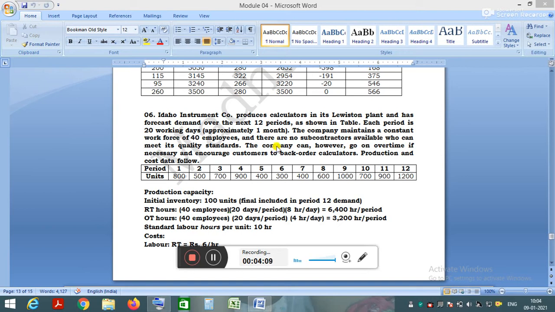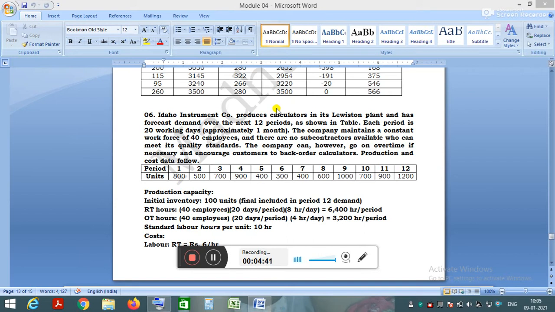Regular time hours available: there are 20 working days in a month and 40 employees. 40 into 20 is 800, and there are 8 hours per day. 800 into 8 is 6400 hours. Regular time hours available are 6400 hours for 1 month.